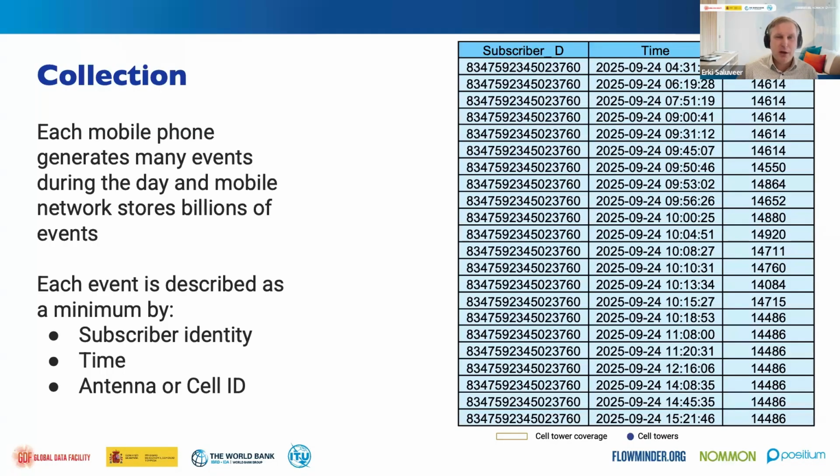The structure of the data looks something like that, very basic in essence, but a lot can be done with this very basic data structure. We'll cover this again in upcoming slides.